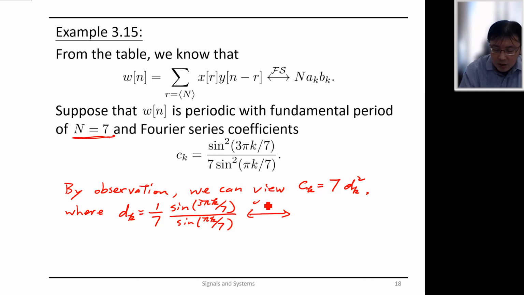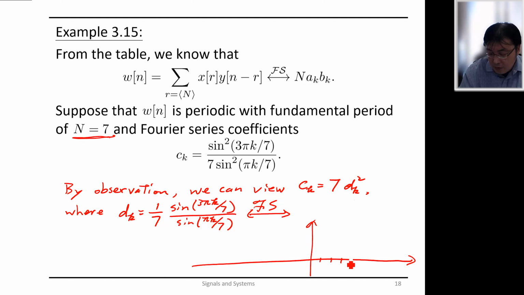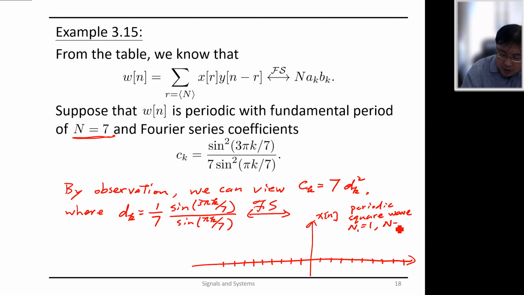So this actually is the Fourier series coefficient of a periodic signal that is a periodic square wave with n1 equal to 1 and period equal to 7.